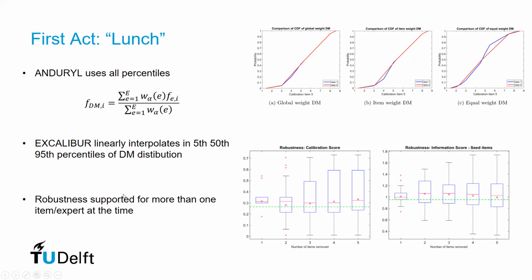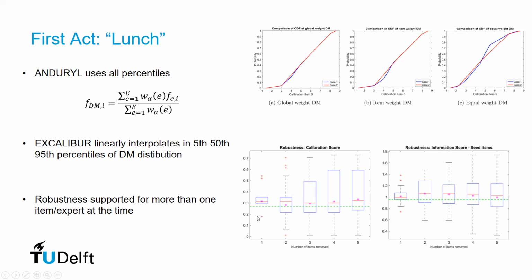Another nice thing about Anduril that was not implemented in Excalibur is that we can do robustness by selecting more than 1 item or expert at a time.